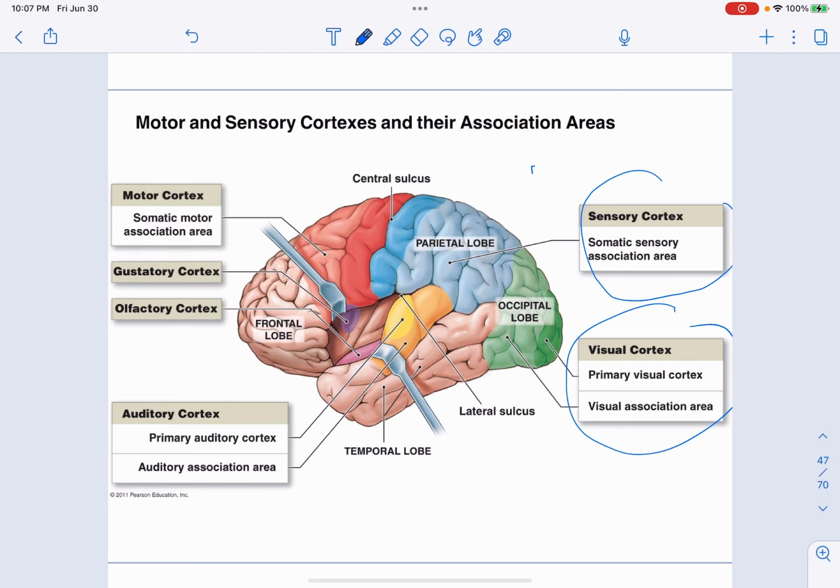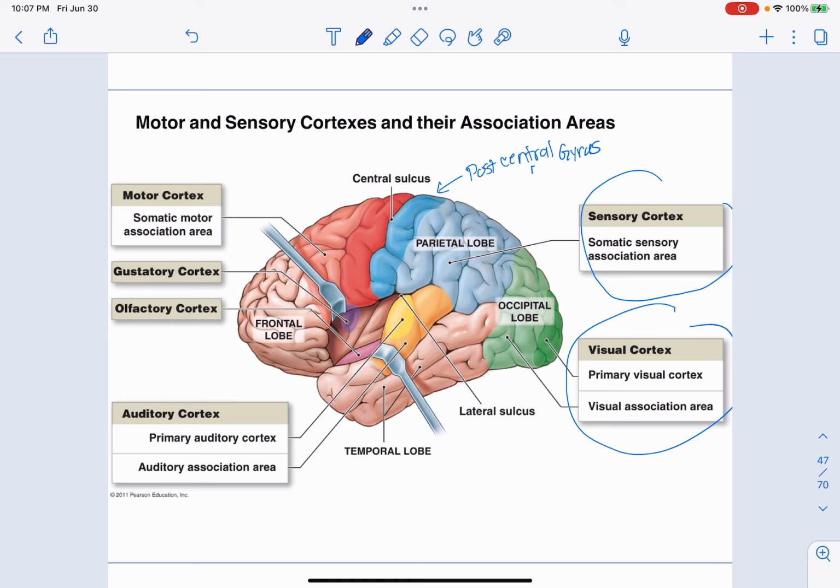So you can see the central sulcus, okay? And then the postcentral gyrus is part of your sensory cortex. That's what is here. This is the postcentral. This is your primary somatosensory region.